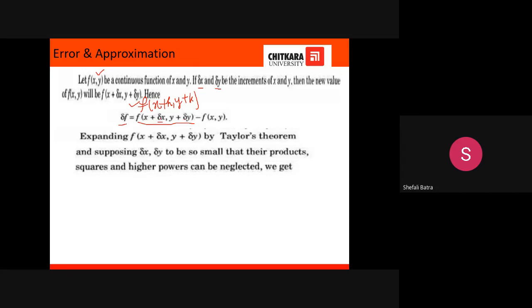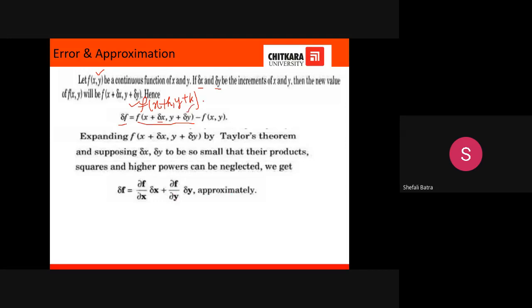So f of x plus delta x comma y plus delta y. Expand this using Taylor's theorem and suppose that delta x and delta y are so small that their product, square and higher powers can be neglected. So what we get is delta f is equal to curly f upon curly x into delta x plus curly f upon curly y into delta y approximately.